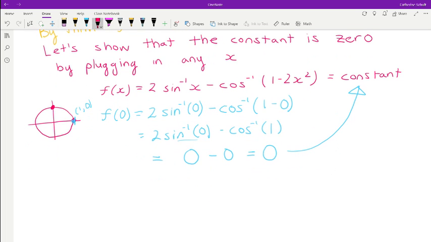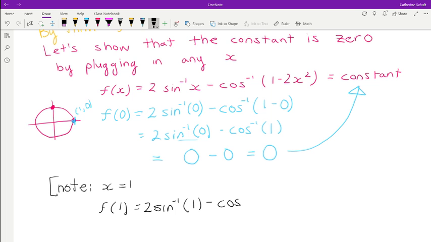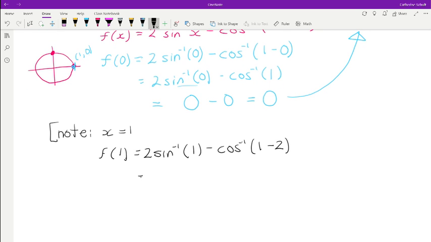Let me stick with the inverse and give one more example. We could have also plugged in x equals 1. We can do it just for practice because inverse trig functions are a little bit tricky. We always have to slow down and think about it. Plugging in 1 minus 2 times 1 squared is 1 minus 2. So we have to think, where is the sine function 1?